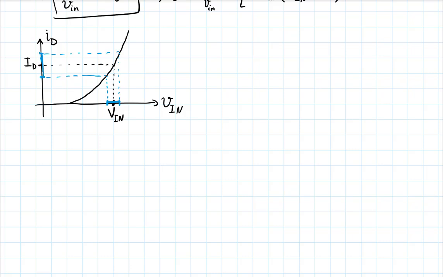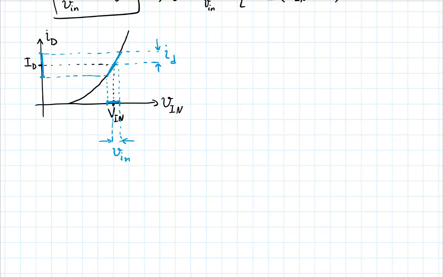Okay? So for instance, if this difference is little v in, this difference here is little ID. That's the small signal thing, right? So you've moved by a small amount on the horizontal axis, and correspondingly, you've moved by some amount on the vertical axis.